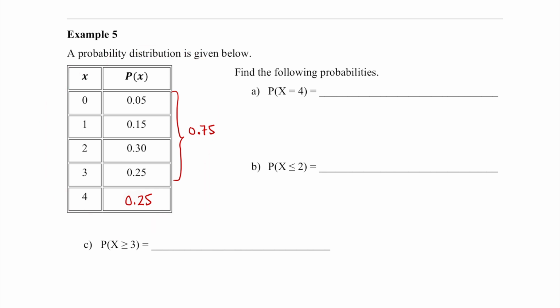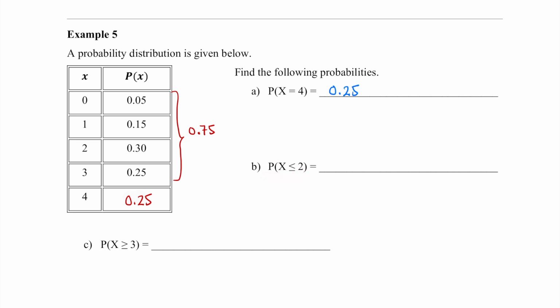Now, let's answer the probability questions. Part A, find the probability of x equals 4. Look directly at the row where x equals 4. The probability is 0.25. Part B, find the probability that x is less than or equal to 2.